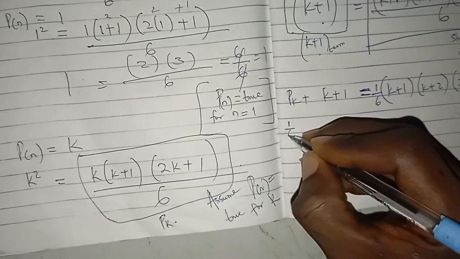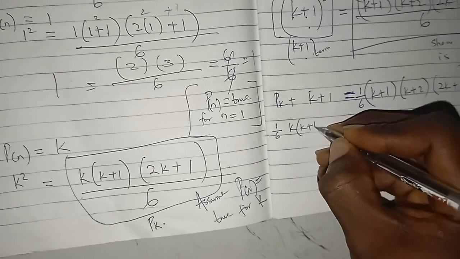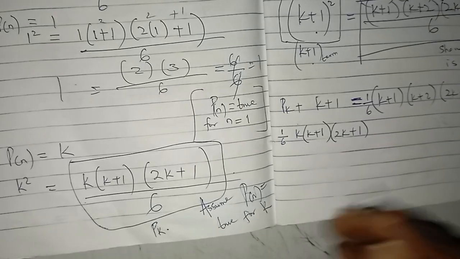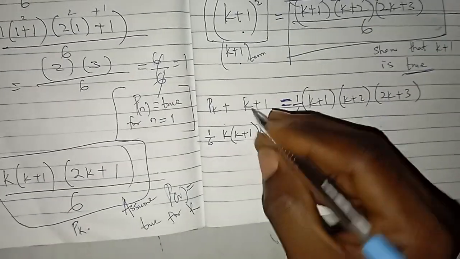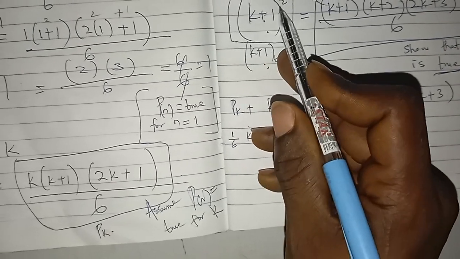So it's still the same thing as saying 1 over 6 k into k plus 1, then 2k plus 1, then I have k plus 1. The term for k plus 1 is k plus 1 squared.